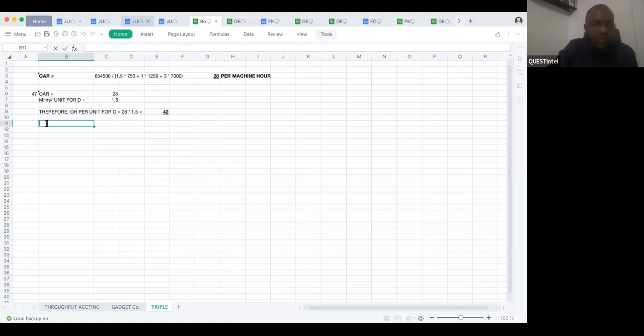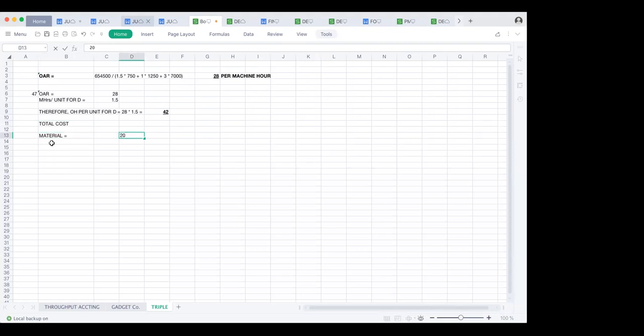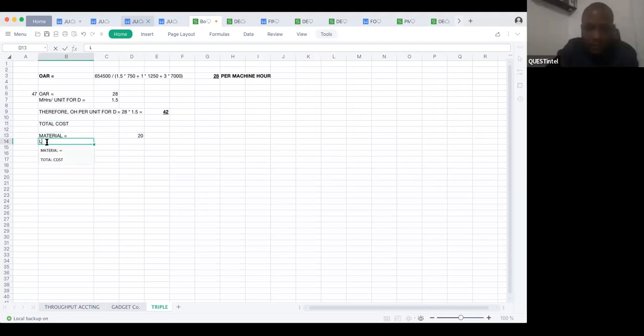Okay, so total cost now. Maybe I can do this very long-winded so that you'll be able to see this. So total cost, so material is equal to 20, right? Yes. So labor now.